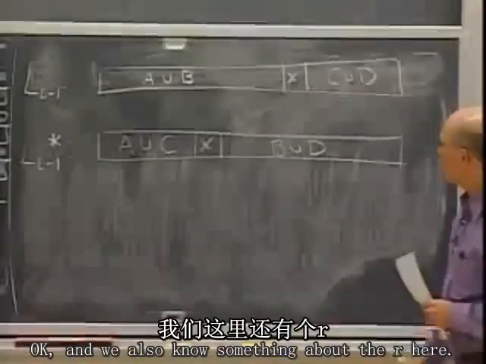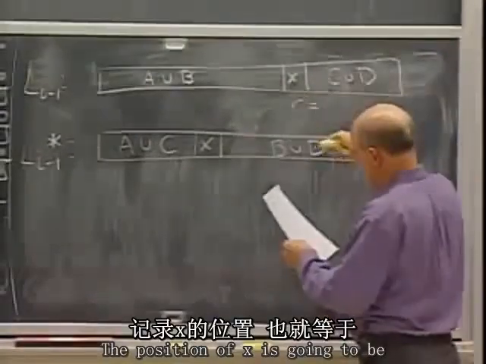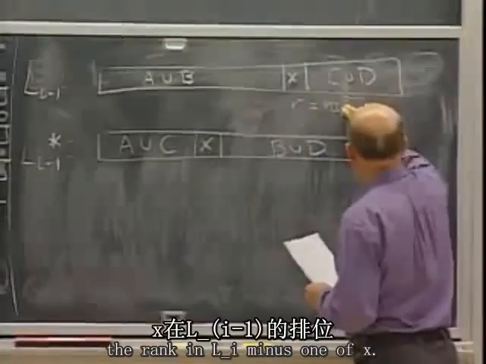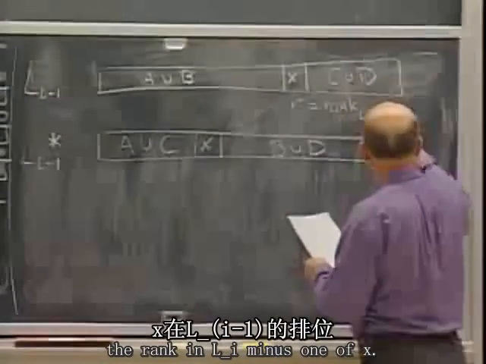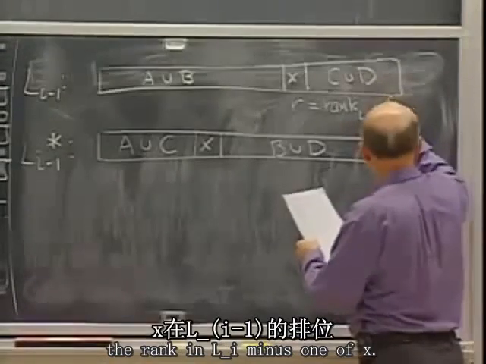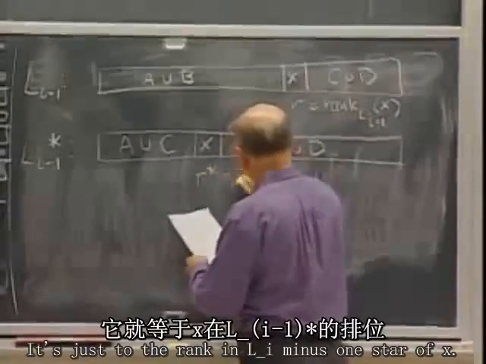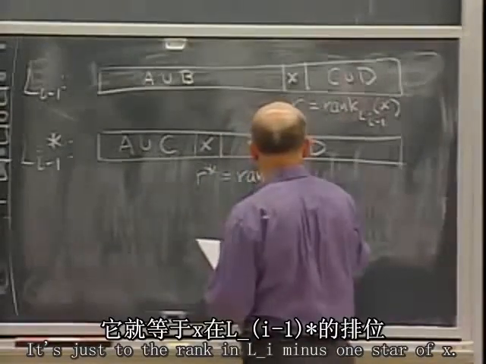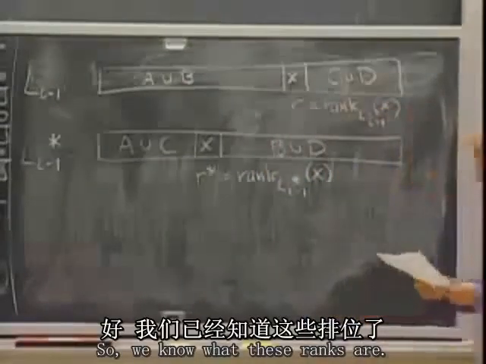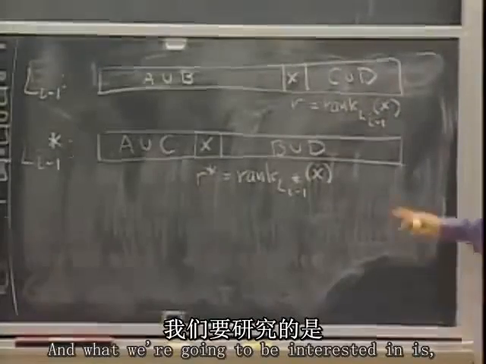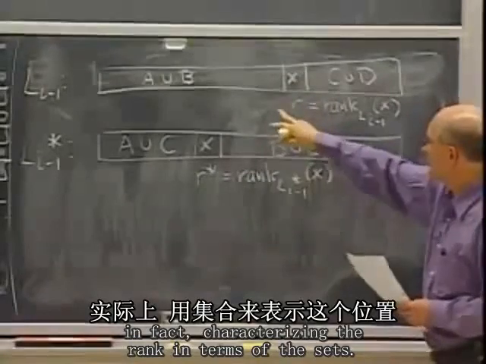And we also know something about the rank here. The position of X is going to be the rank in L sub i minus 1 of X. And here, r star is just the rank in L sub i minus 1 star of X. So we know what these ranks are, and what we're interested in is characterizing the rank in terms of the sets.